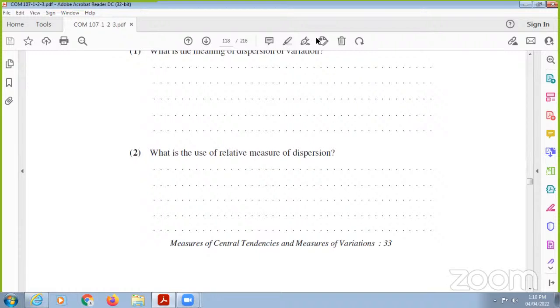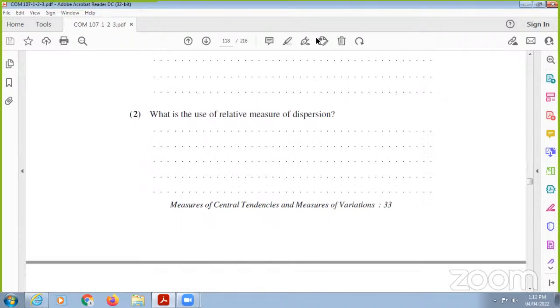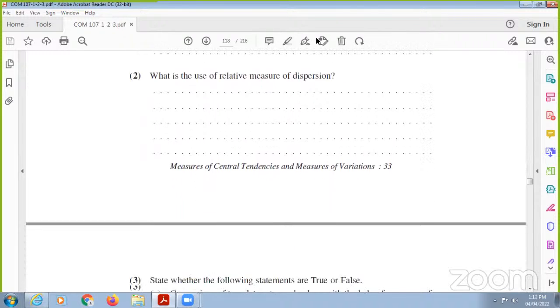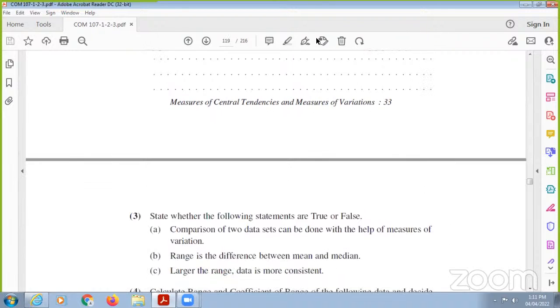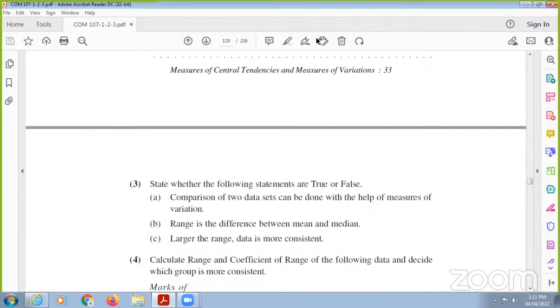Here you will find the marks of group A, which are given here: 42, 45, 47, 35, 39, 40, 46, 38, 43 and 41. And the marks of group B are given here.